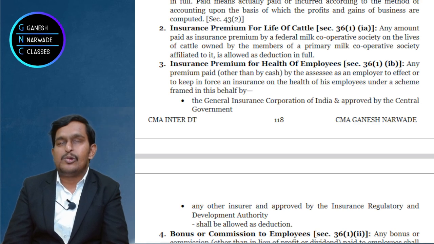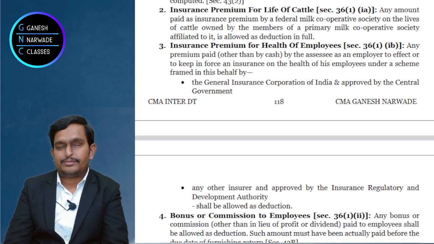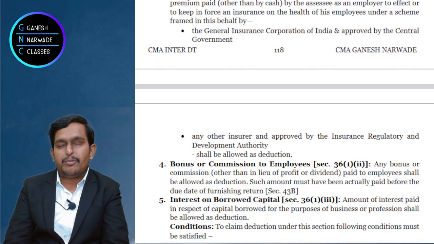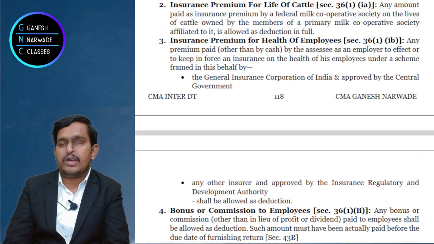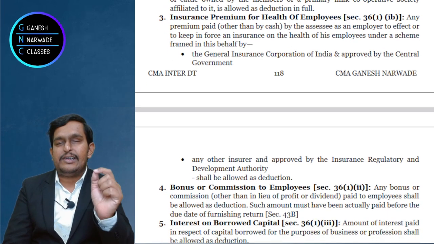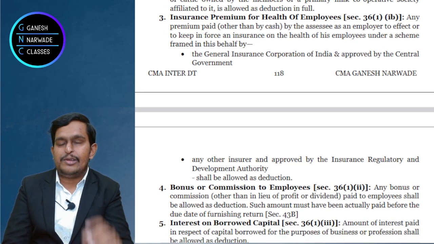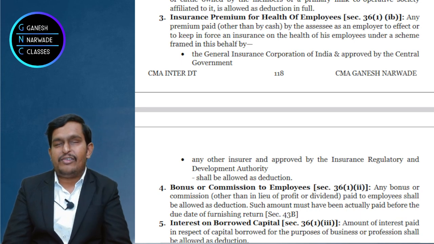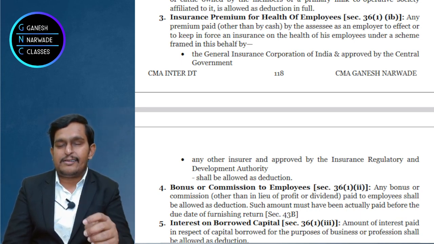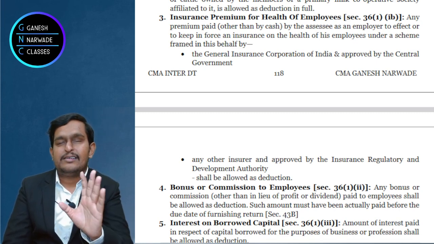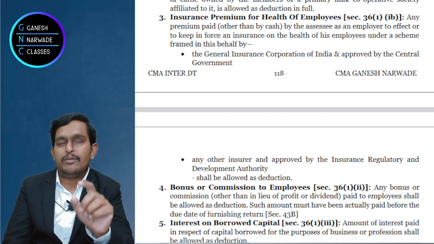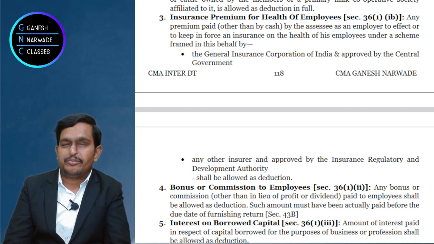Now I'll just give you one hint on how PGBP problems are solved. Suppose health insurance premium is paid by the employer. In accounting, we directly debit it. Whether it is paid in cash, is due, or is paid through account payee cheque, anything, the insurance premium will be allowed as deduction in accounting.